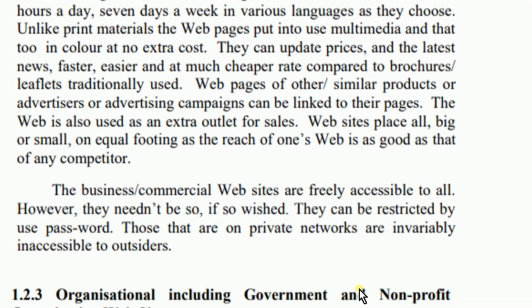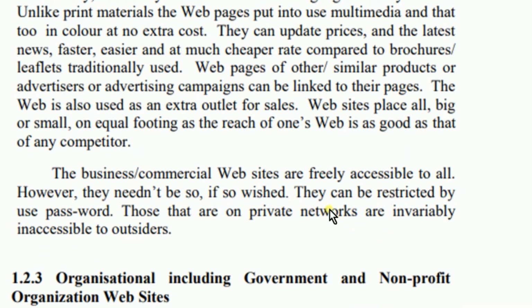Business or commercial websites are freely accessible to all. If they so wish, they can be restricted by password. Those that are on private networks are invariably inaccessible to outsiders.